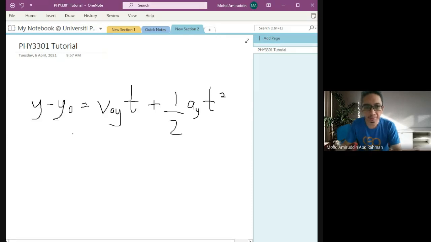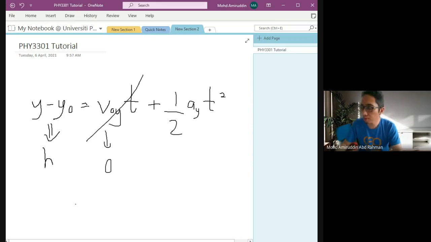So basically y minus y naught is h, the height. And v naught y is 0, so this term can be crossed out.